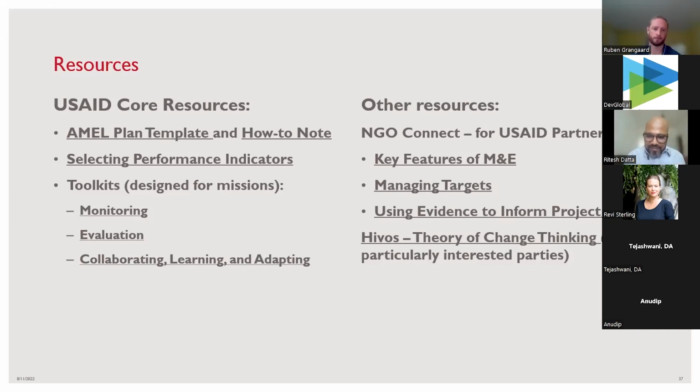And other than that, as Ruben already mentioned, MEL is most important, not just from the point of view of USAID or some agency asking, but for the individual agency, the implementing partners who are implementing the plan. You set the target, and it should be reviewed monthly, or if not monthly, then quarterly, and your tracking should be there. The tracking of your progress should be a continuous thing.